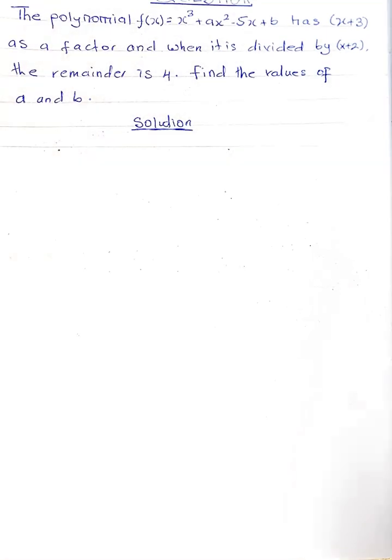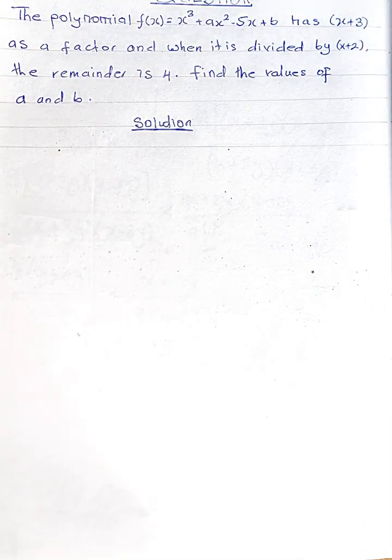Find the values of a and b. In this case, we have to know that a factor of a number or expression in mathematics is one that can divide another expression without leaving a remainder.